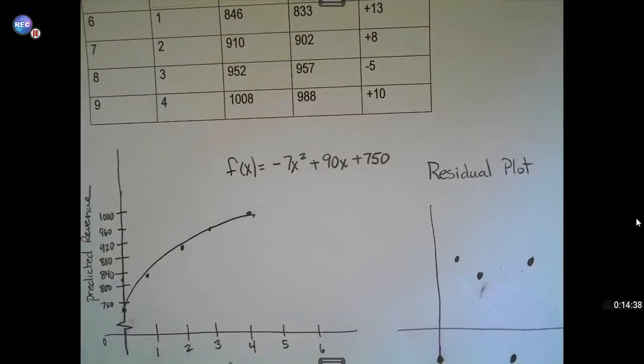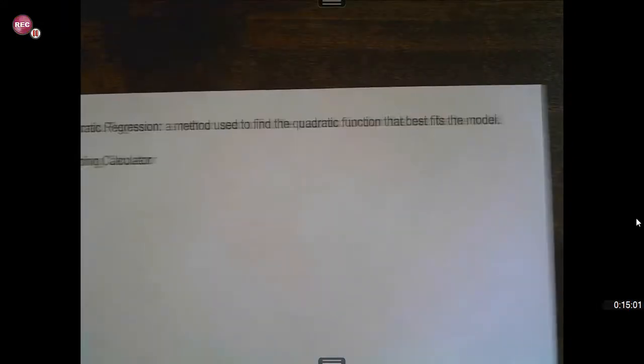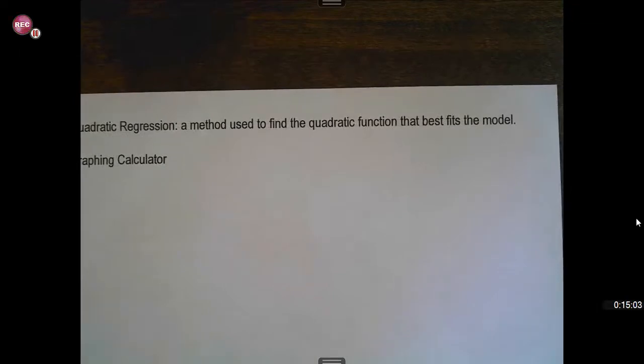If we have time, and I'm not real sure if I'm going to make time for this, we can also put this data into a graphing calculator and have it graph the regression plot for the data. What we talk about next is quadratic regression, a method to find the quadratic function that best fits the model.